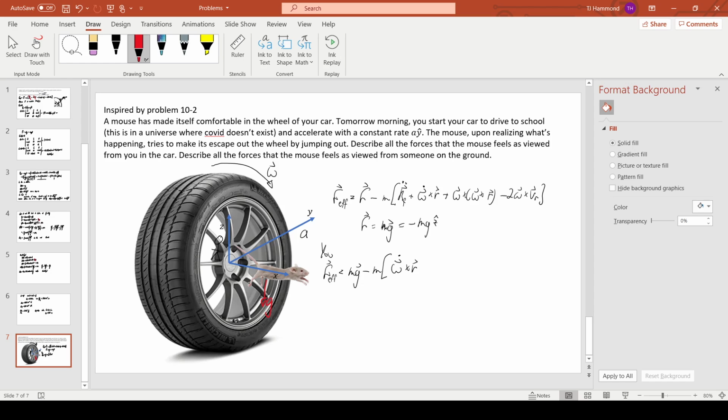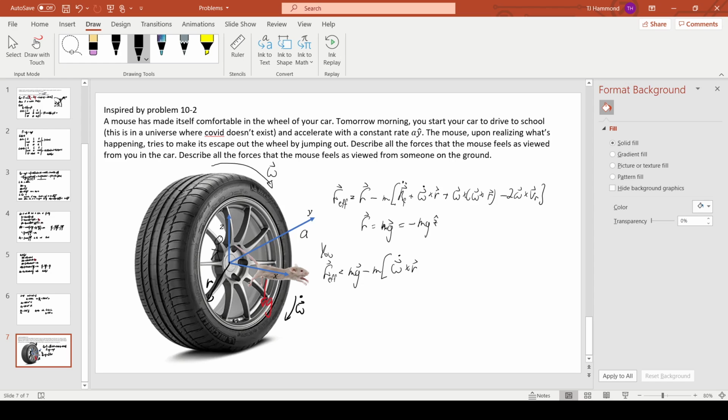but this wheel is also accelerating. As you're accelerating the car, this wheel rotation is going to be accelerating as well. And I should be putting that this is R here.